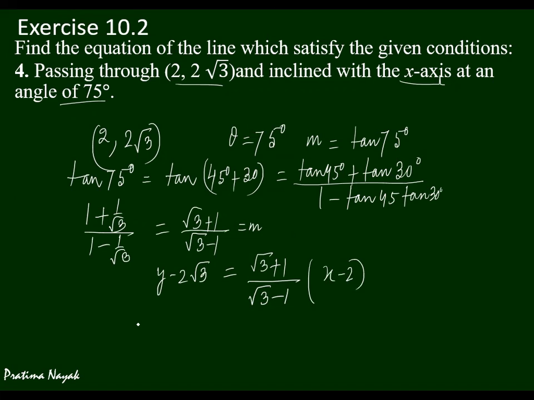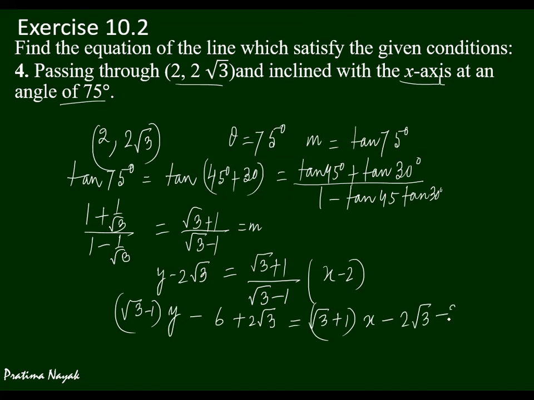Now you simplify. It will be (root 3 minus 1) into (y minus 2 root 3). It will be how much? 6 minus 6 plus 2 root 3. Here you will get (root 3 plus 1) into (x minus 2) root 3 minus 2.